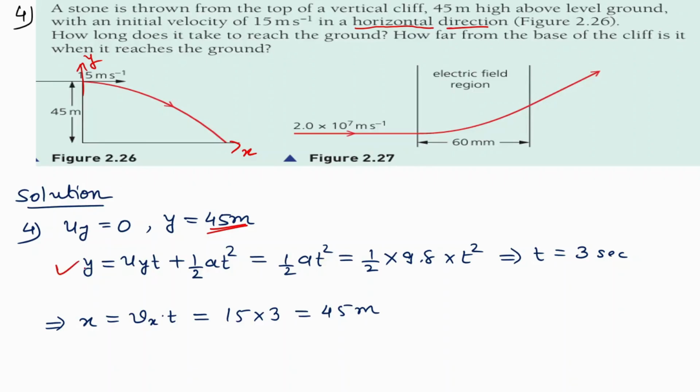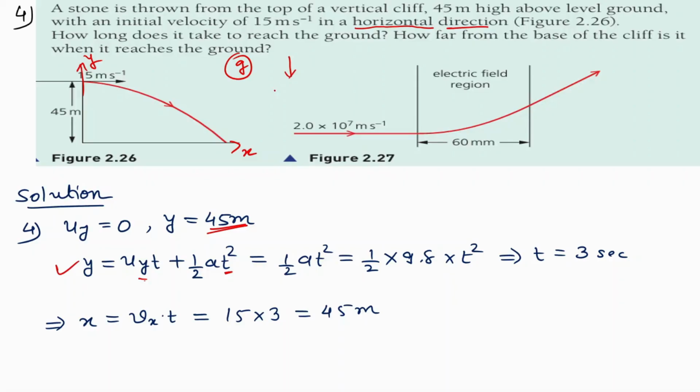Now we need to find t, the time it takes for this object to reach the surface. We have an equation which depends only on the y direction: y is equal to uy t plus half a t square. Here a is a constant, a is g, the gravity, which is always in the downward direction.